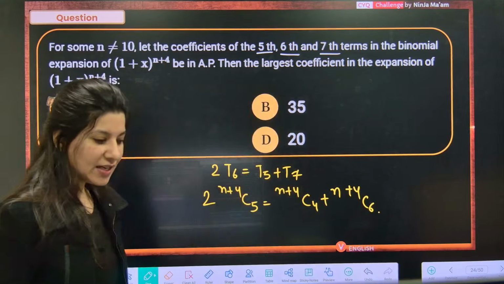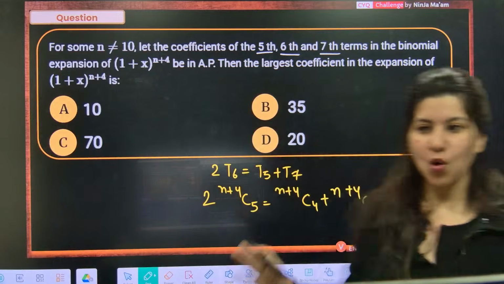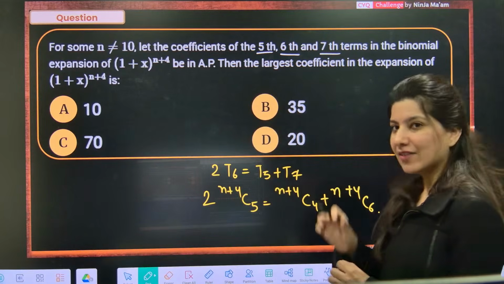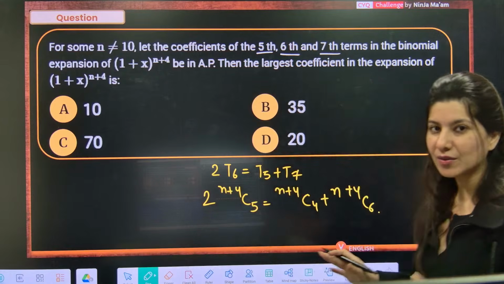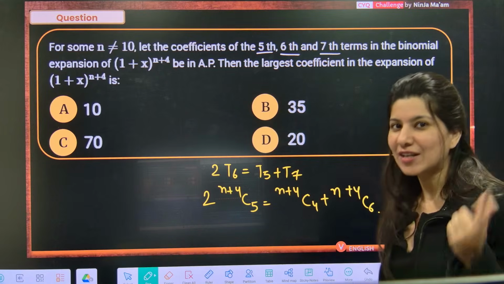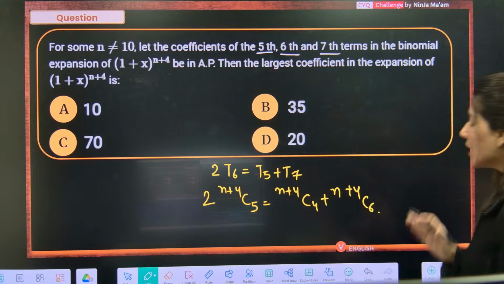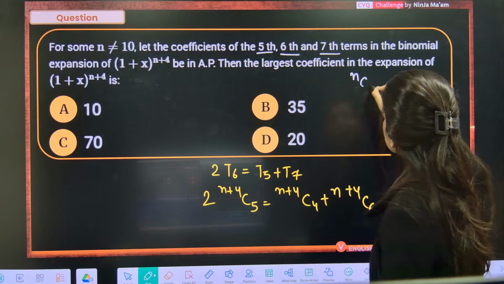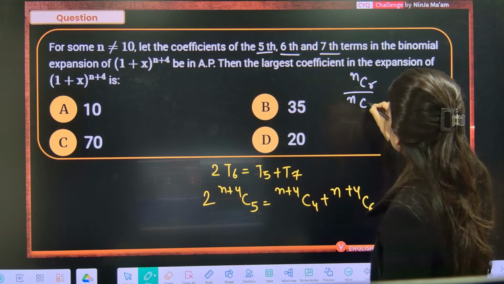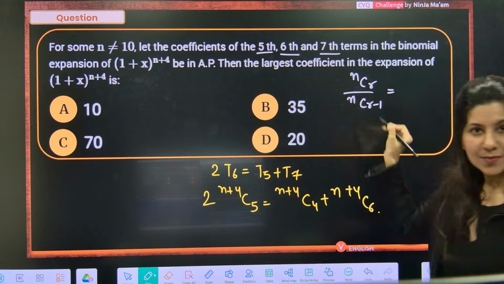Now obviously one way is just to open it and keep on cancelling terms, but this is not how we are going to do it. Some little ninja trick I will apply over here. What we are going to use is nCr upon nC(r minus 1). Do you remember this property?